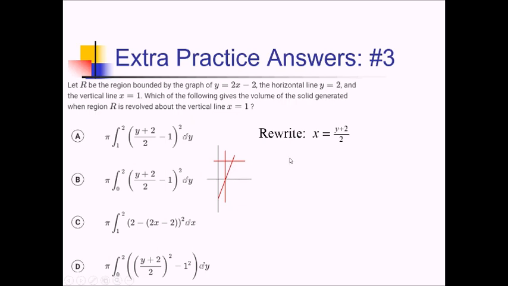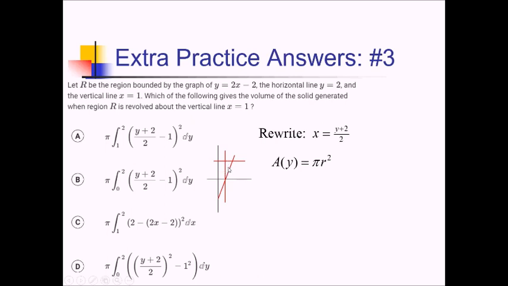Now we need the area formula here. I'm going around the line x equals 1. Since that is actually one of the boundaries of my bounded area, that means that my bounded area is flush against that. There's no gaps. So I can use disks for my area formula. So I'll write A(y) equals pi r squared. The radius is just going to be the distance between my axis of revolution and the other side of the bounded region.